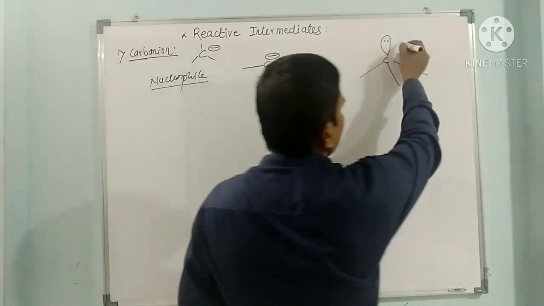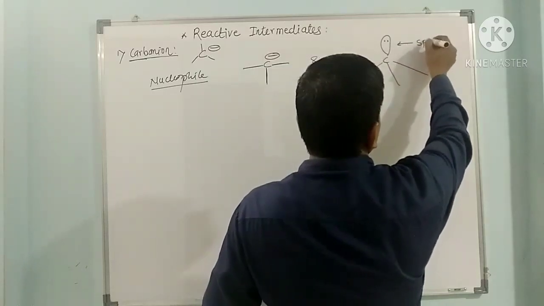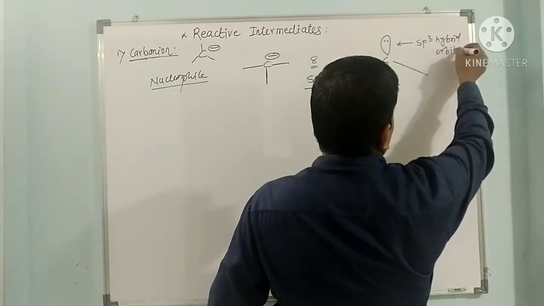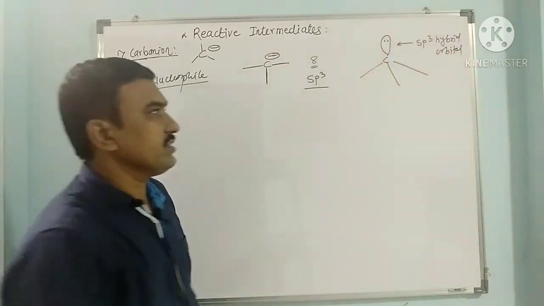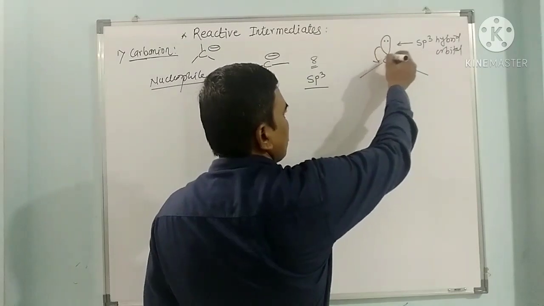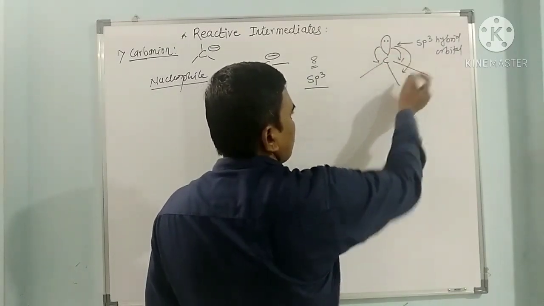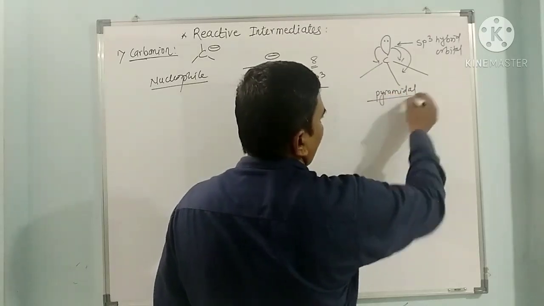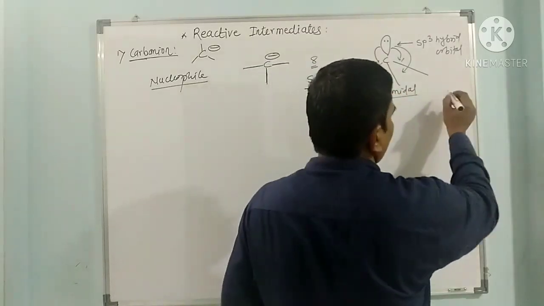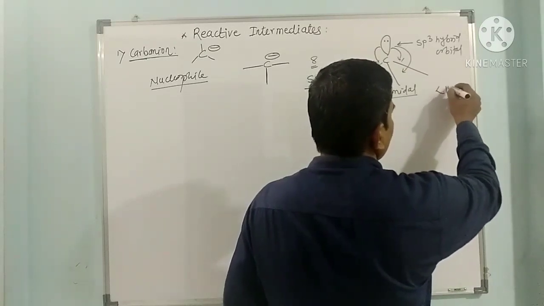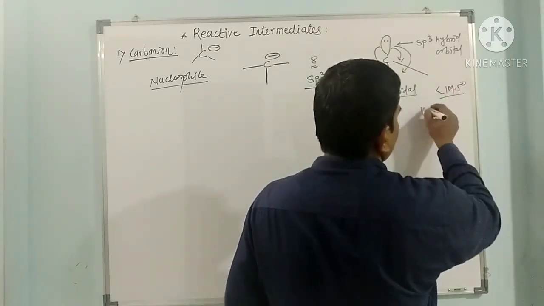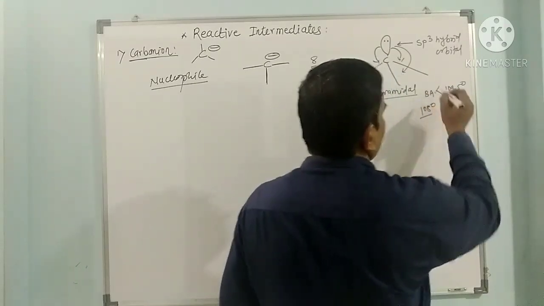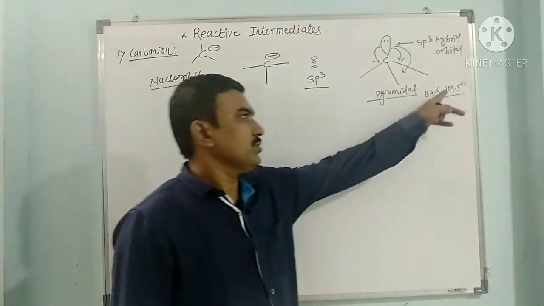One of the sp3 hybrid orbitals contains this unshared electron pair, and due to this repulsion, just like ammonia, its shape is pyramidal and the bond angle is less than 109.5 degrees, around 108 degrees.